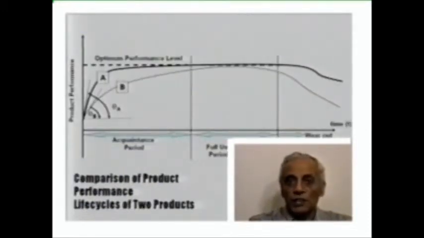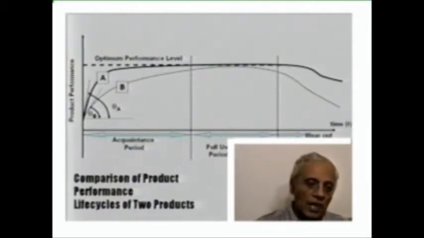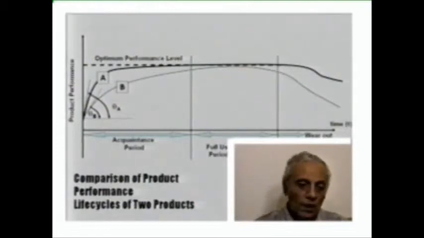Let us just compare here two products. Suppose that they are the same product, two different types of TVs, for example, or two different types of cars, or two different types of computers.